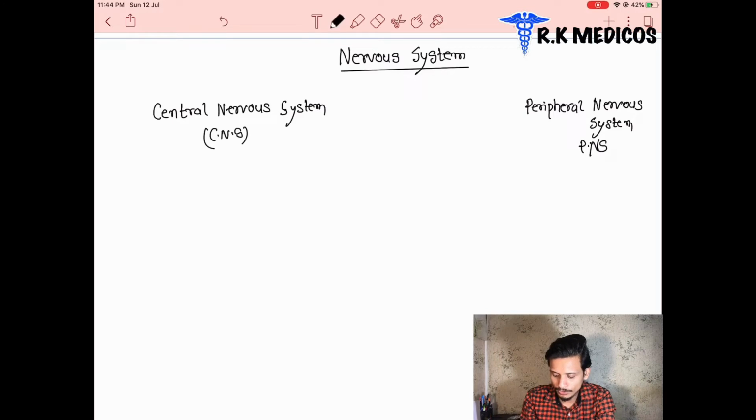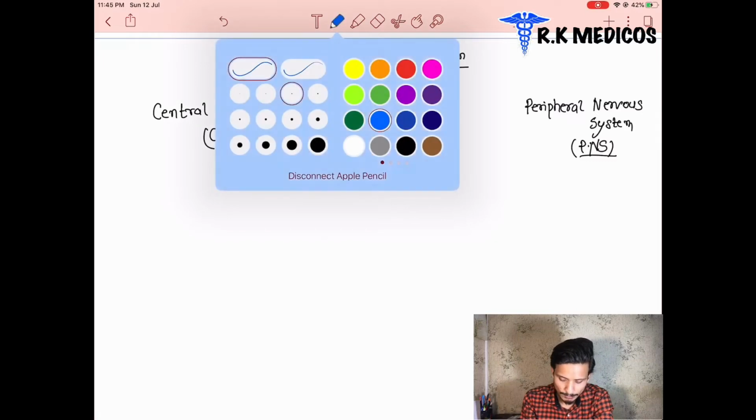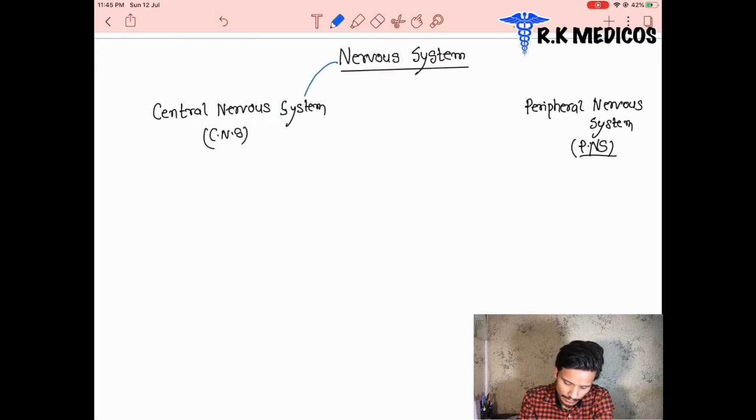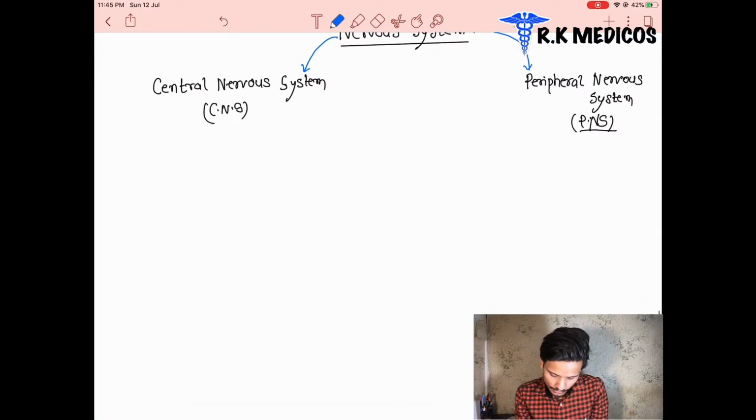These are simple terms and you know these things, but I want a simple revision here. The central nervous system is divided into two parts on the basis of their location, where these organs are located and what is included inside the central nervous system. Basically, it mainly has two parts.